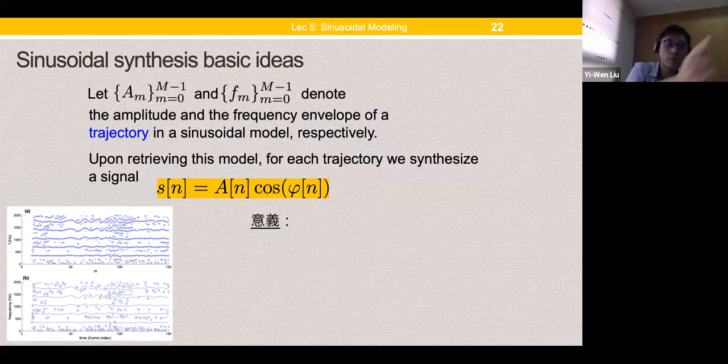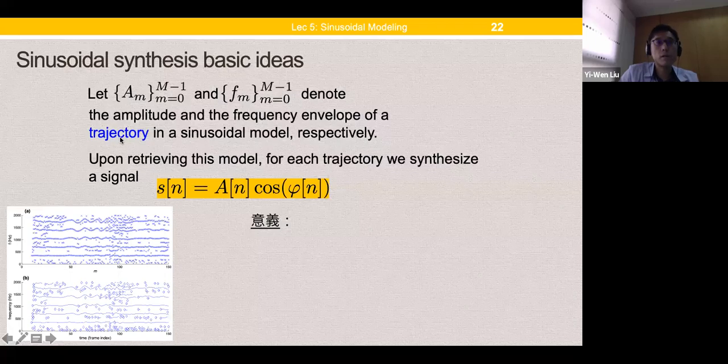Not only can its frequency change, its amplitude can also vary to account for dynamics. So let's say the sequence A_m, m from 0 to M minus 1, and F_m denote the sequence of the detected amplitude as well as frequency. We can simply call them the amplitude and the frequency envelope of a trajectory.